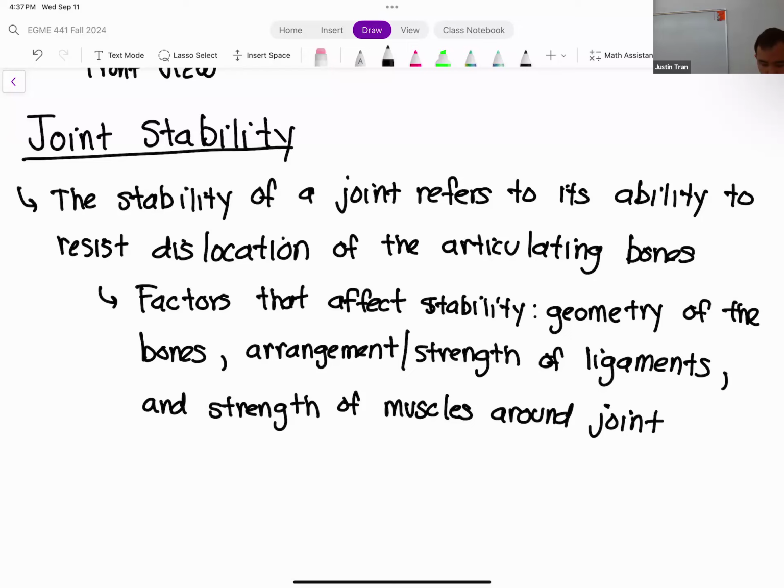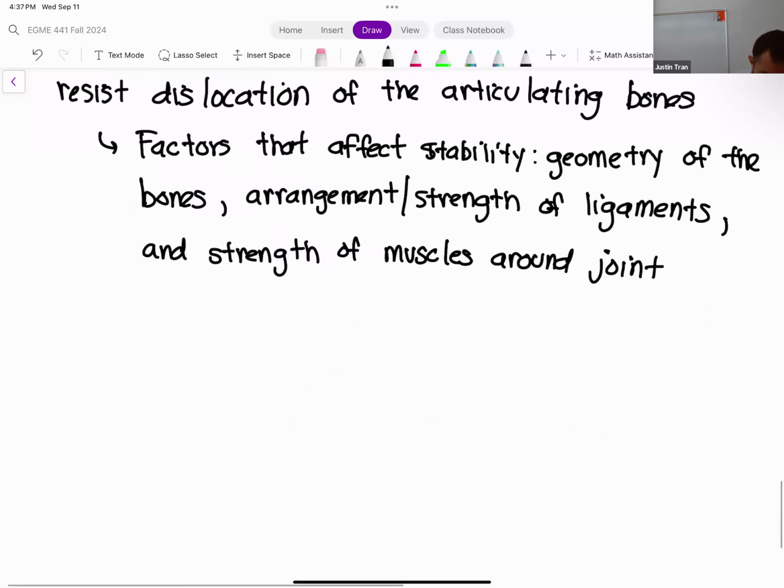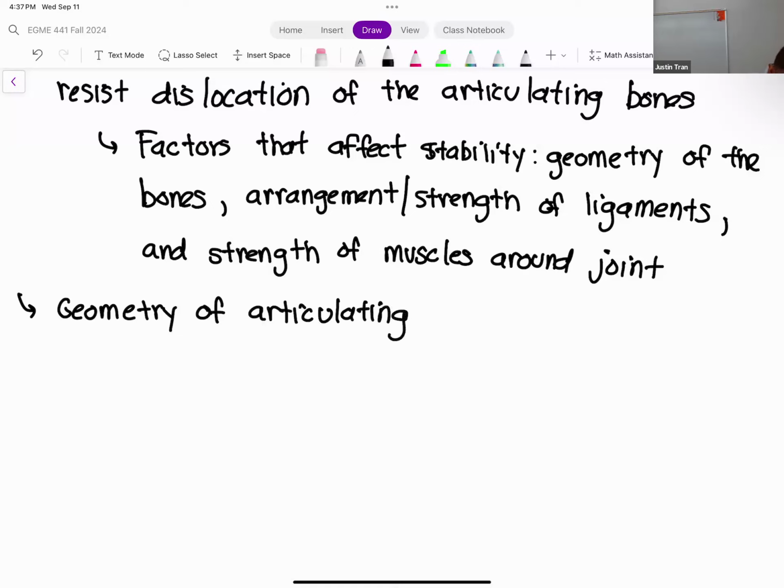So all of these factors can affect stability. Let's go through these one by one. For the geometry of the articulating bones, the factor that is most correlated with stability is contact area.